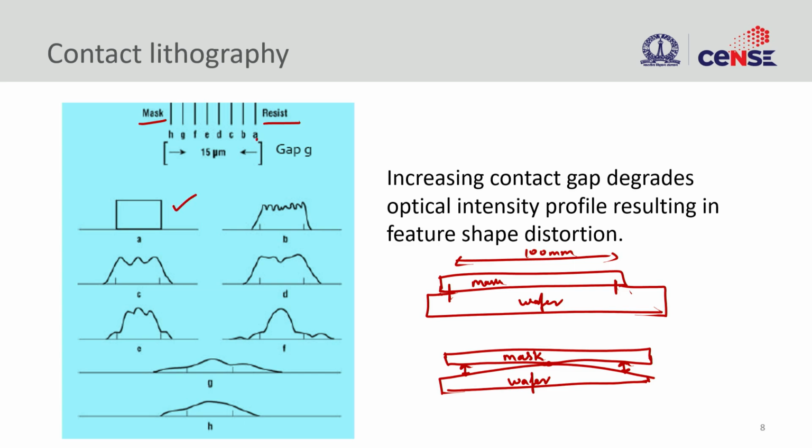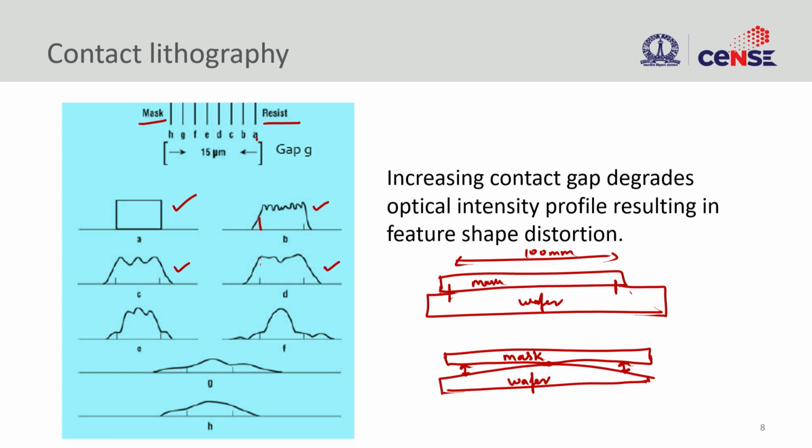This is what you are looking for. But if you slowly increase the gap, then your non-ideal characteristics start. You see this small diffraction happening and all these fringes that we discussed earlier in projection proximity printing. That comes into effect, and then this effect keeps on becoming worse.